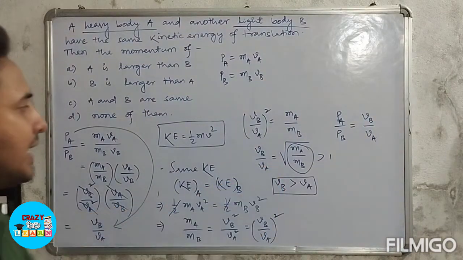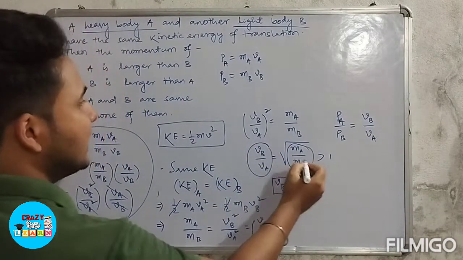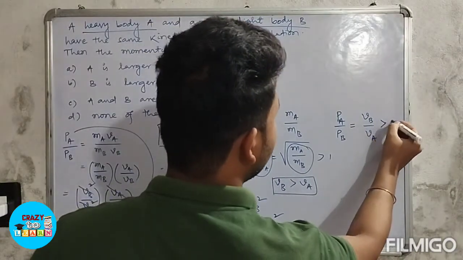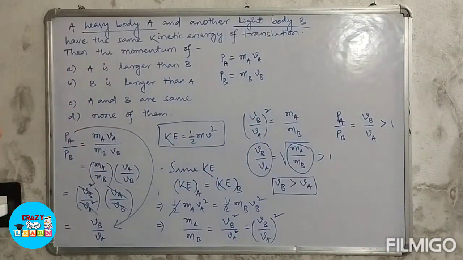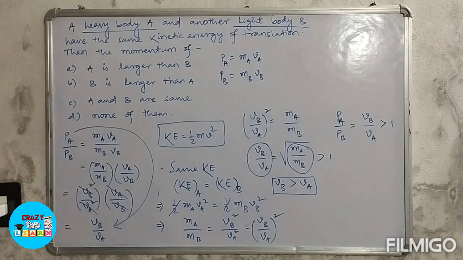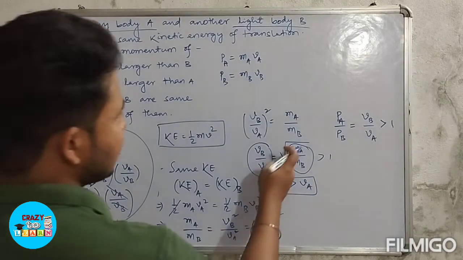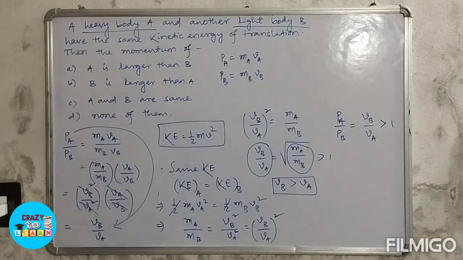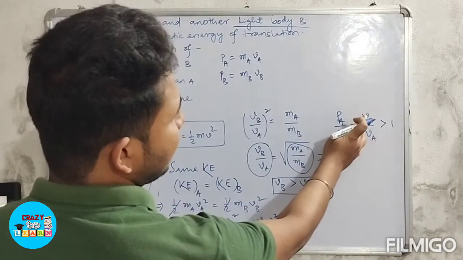And here we are getting VB by VA is greater than 1, as MA by MB is greater than 1. Clear?